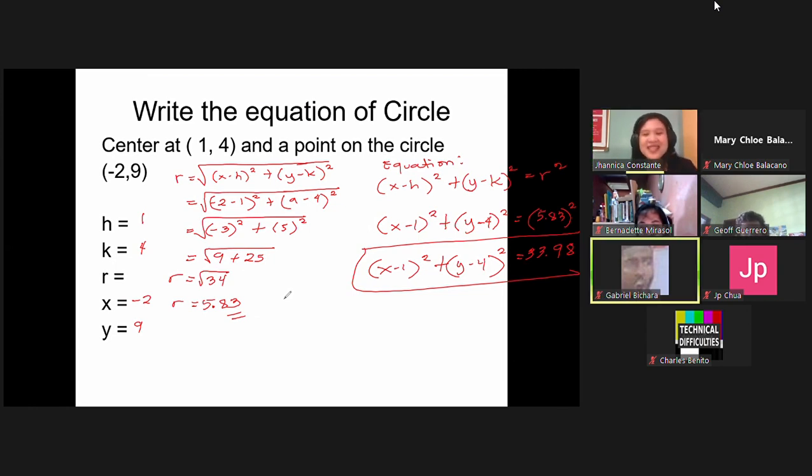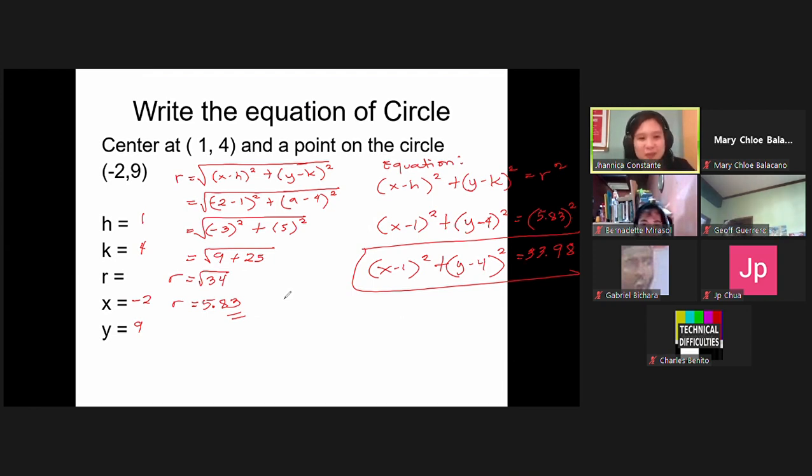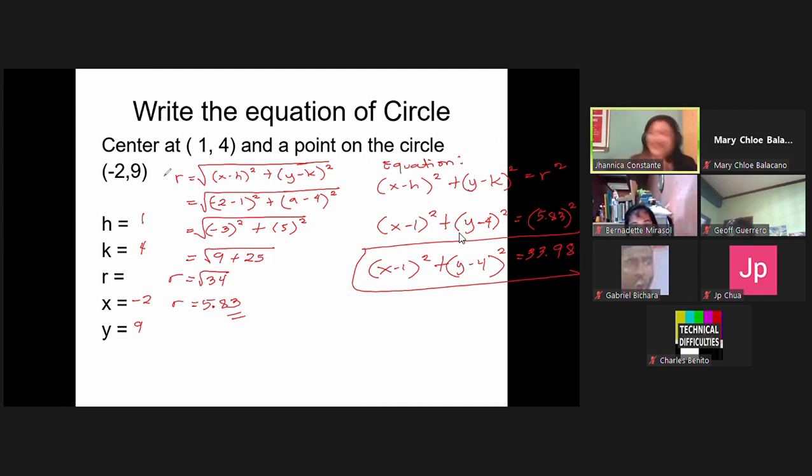Since you wish to have a fraction, point in the center or any point on the circle, I will give your wish. Your wish is my command, Gabby. I will give a fraction for that. Sige, pagbigyan natin si Gabby ng fraction. Okay.